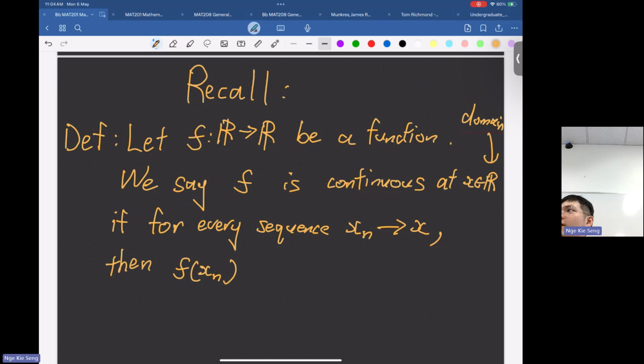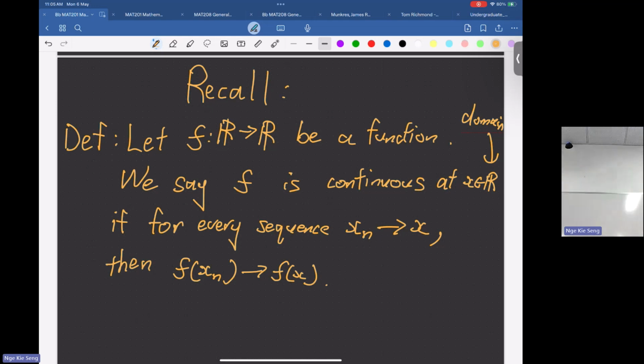What happens to this f of Sn? Should it converge? Converge to where? It needs to converge to f(x). You already saw this in the last lecture, right?